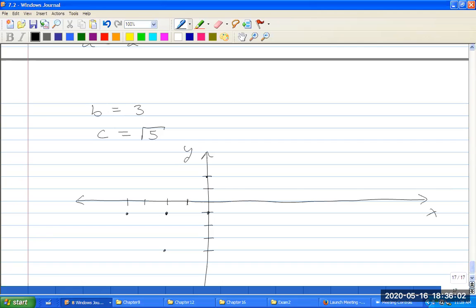Okay. And so my ellipse should look something like this, more or less.